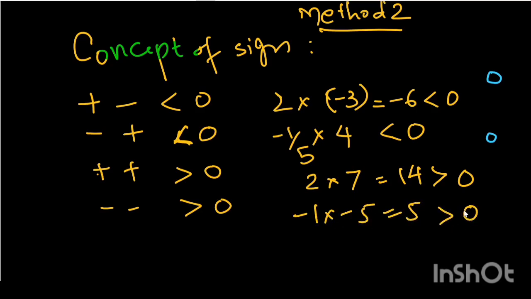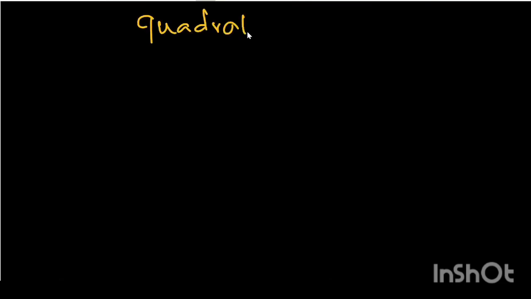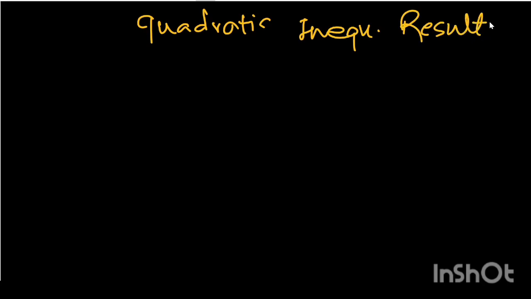We will use the concept of sign for method number 2 to derive the quadratic inequality results. So again for quadratic inequality, we'll derive the results using method 2.